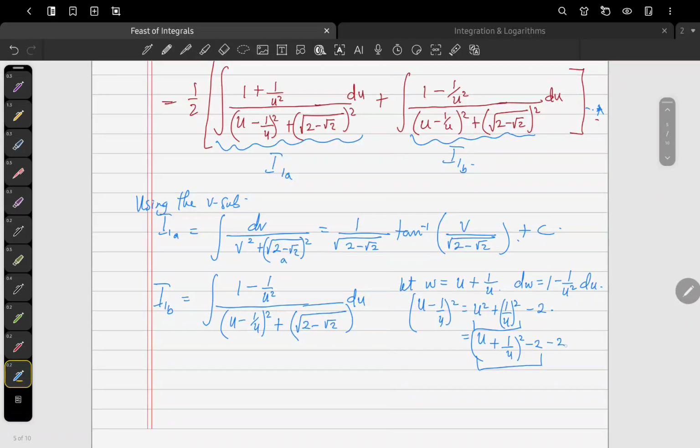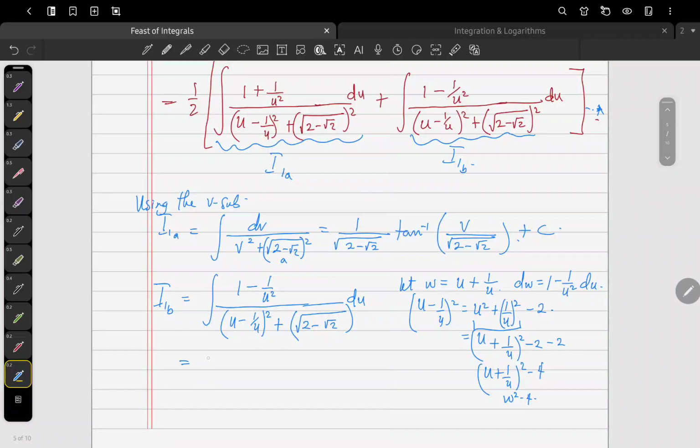So this minus 2 will give us u plus 1 over u squared minus 4. Beautiful. And that is what we want, because this is w squared minus 4. So if w is u plus 1 over u, we found a way to rewrite that.